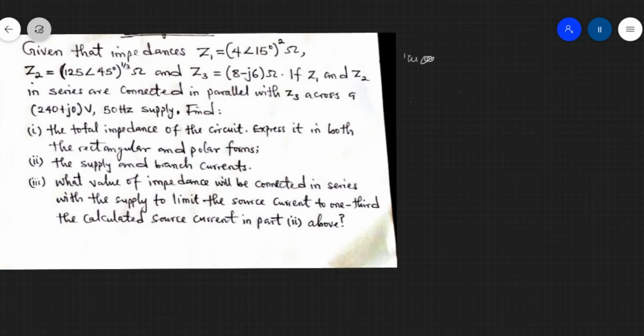Now, what I'm basically having here is something like this. It said if Z1 and Z2 in series are connected in parallel with Z3.